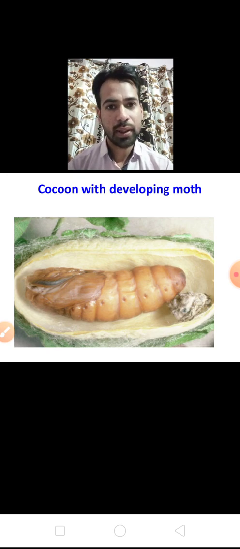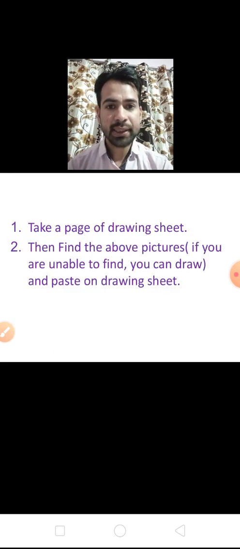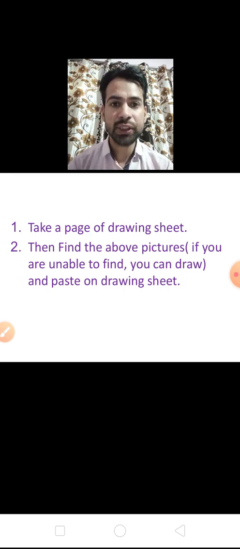You can take a screenshot from this video and draw on the drawing sheet. How can you draw? I'm giving instructions to you. First of all, you take a page of drawing sheet. Children, if you don't have a new drawing sheet, you can use a page from an old drawing sheet.